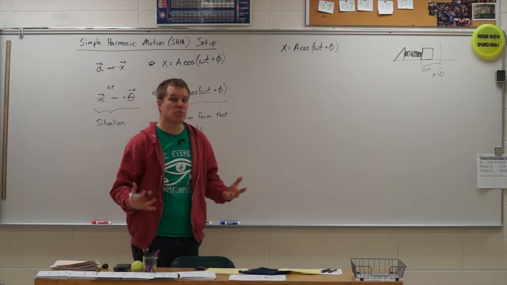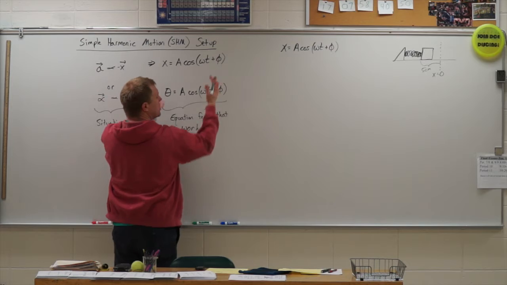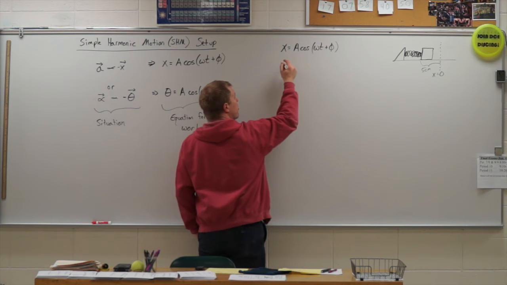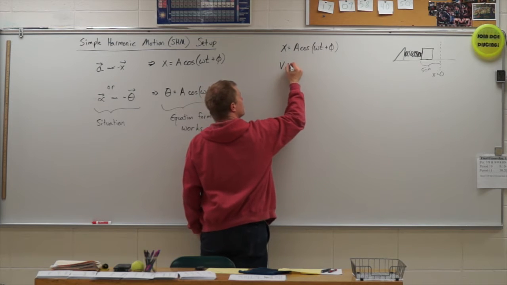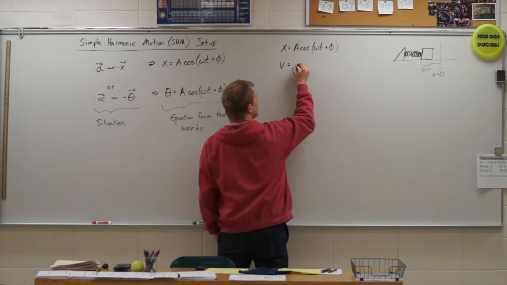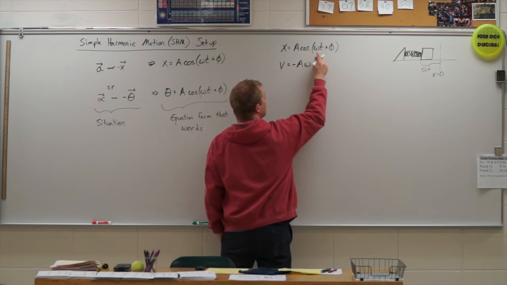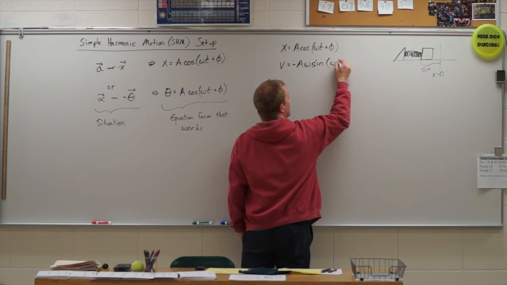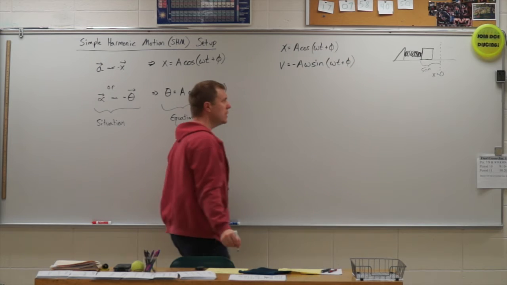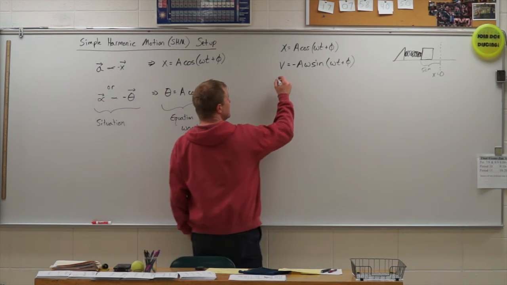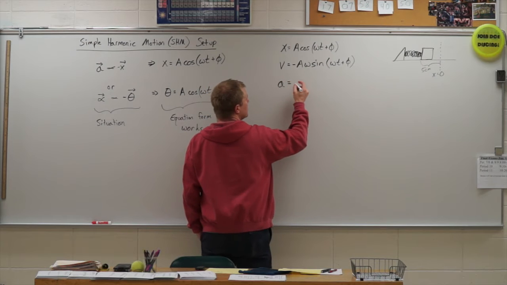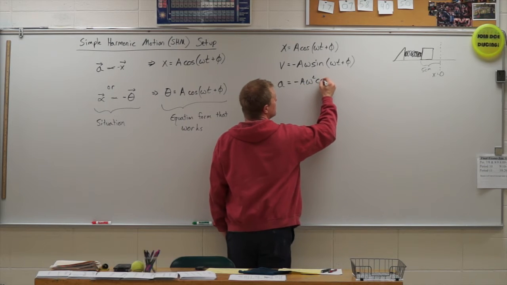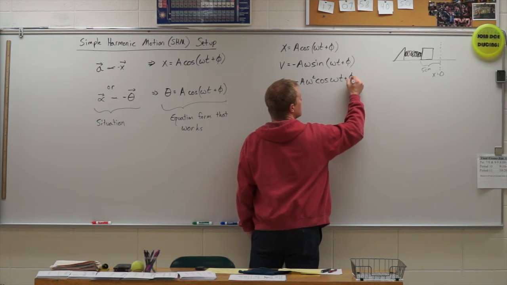So here's why you would want to use this form of an equation if you run into this type of situation. I have a position function. I take the derivative to get a velocity function, so I get negative A omega, and you remember to take the derivative of what's inside, sine of omega t plus phi. I take the derivative yet again to find my acceleration function, so I get negative A omega squared cosine of omega t plus phi.